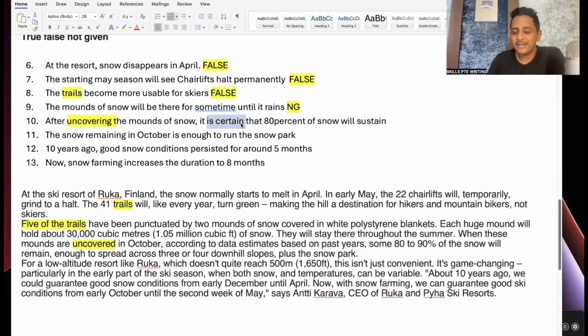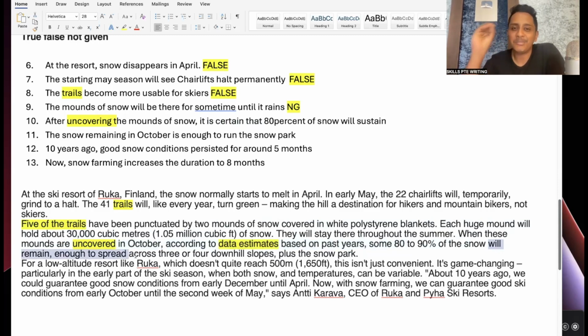See, it is certain, it's 100% sure 80% of the snow will remain there. It is an estimation. According to data estimates, based on the past years, 80 to 90% of the snow will remain enough to spread across.